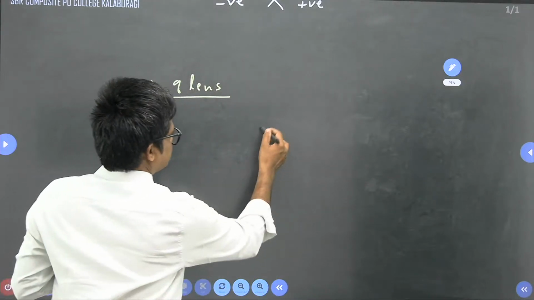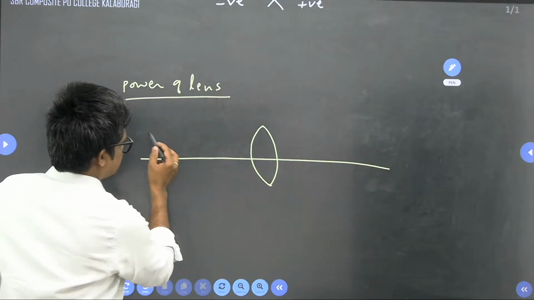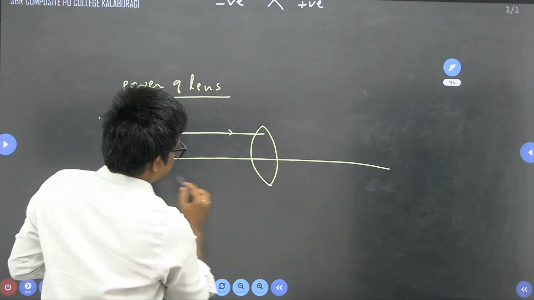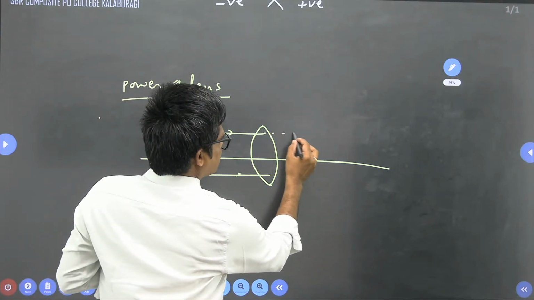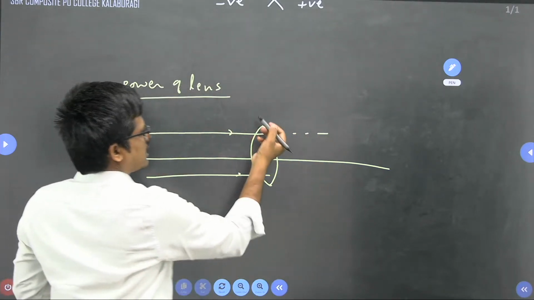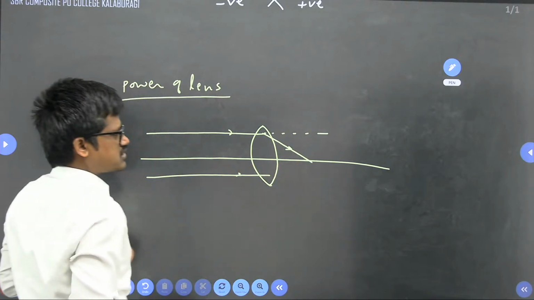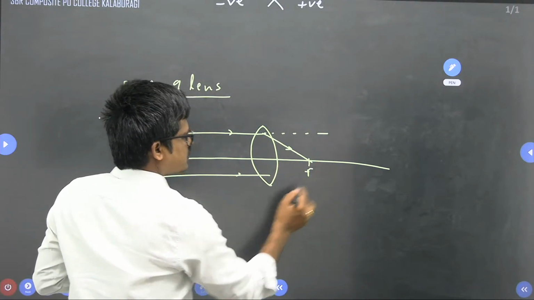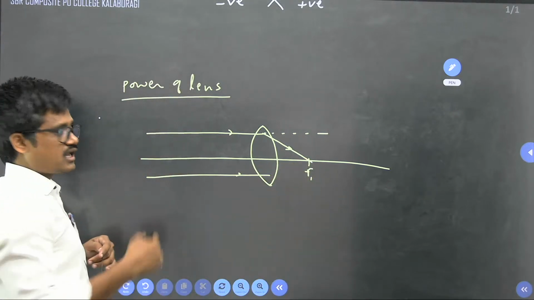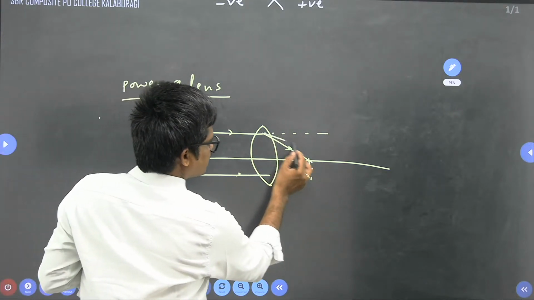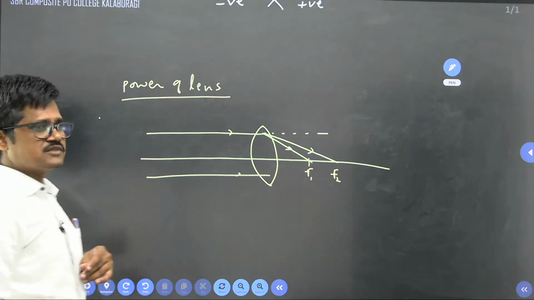For example, if this is the lens, this is the principal axis and these are the incident rays. With respect to this incident direction, one lens may converge the light rays and bring them here, and another lens may converge the rays here, right or not?